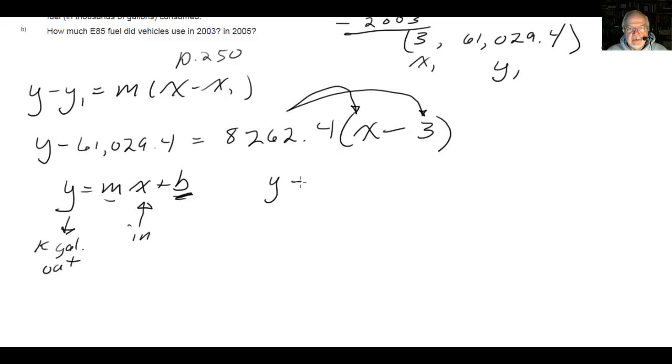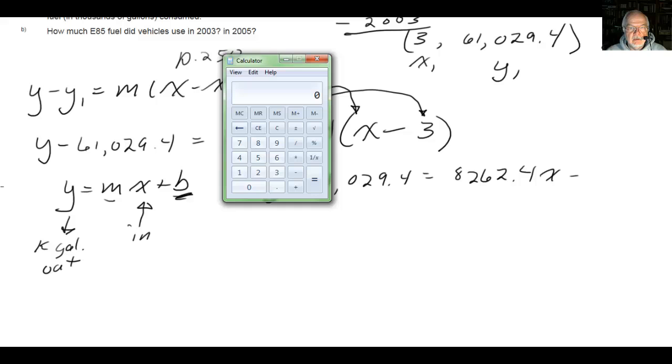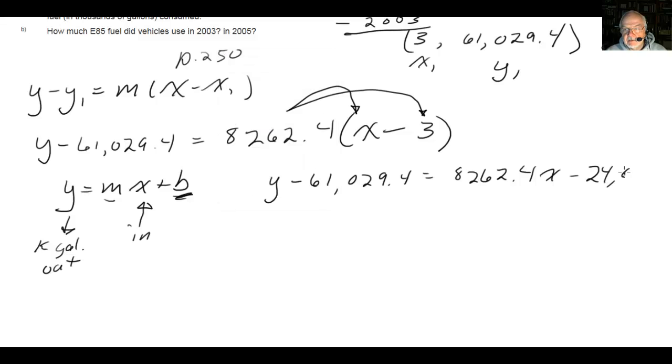So I have y minus 61,029.4 equals 8,262.4 times x minus, let me get my calculator out here. 8,262.4 times 3 equals 24,787.2.